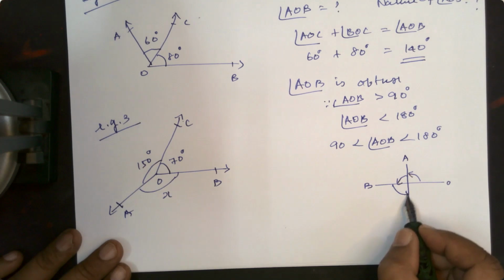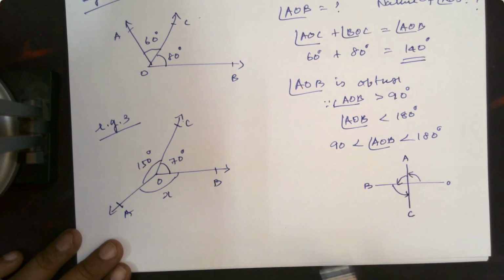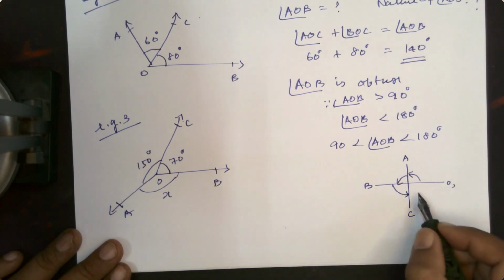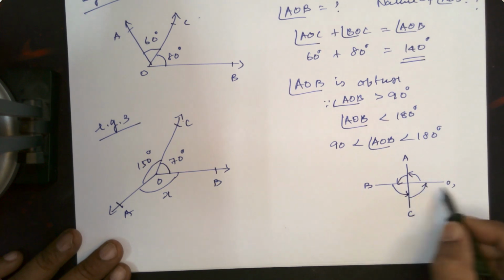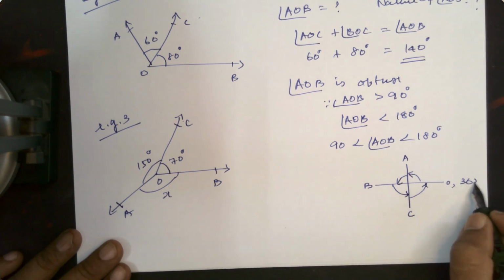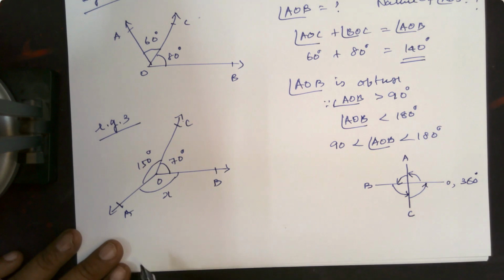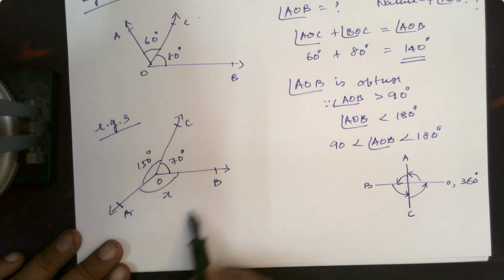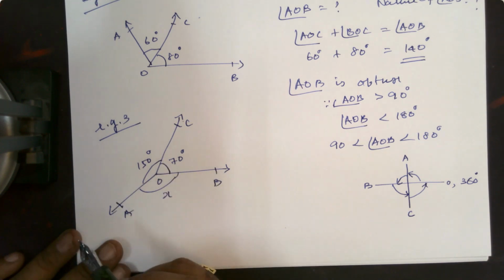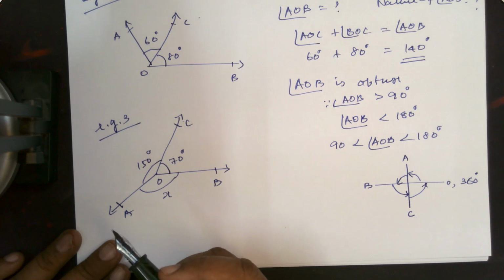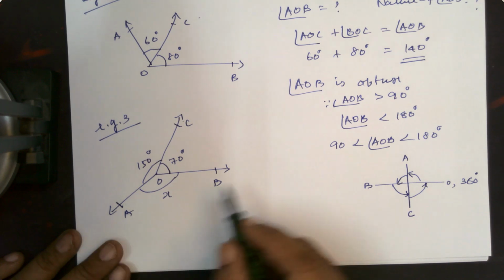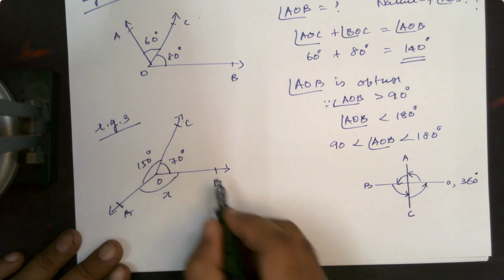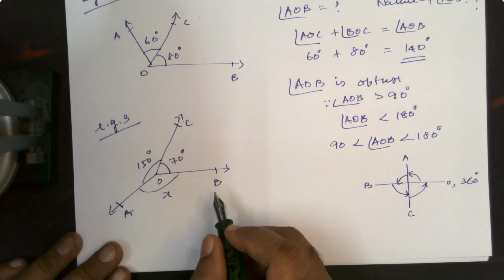When it reaches here, 270 degrees. When it reaches again here, 360 degrees. Are you able to follow? So it completes one cycle. So it starts from here and makes one full circle. We know the angle of a circle is 360 degrees. So in that case, the sum of all these angles should be 360.